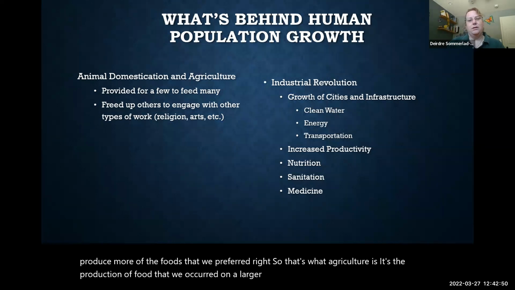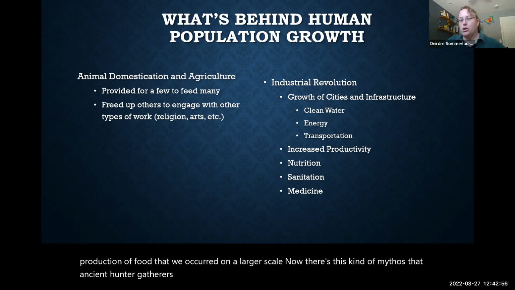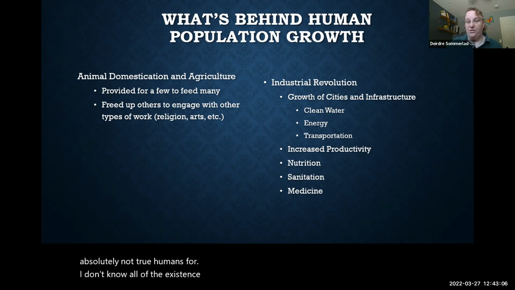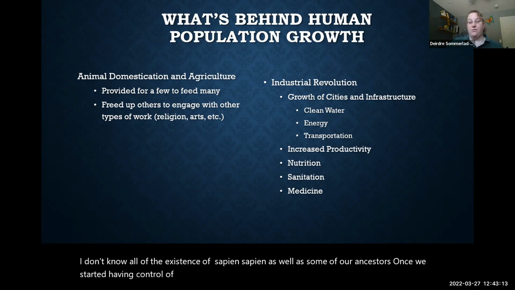Now, there's this kind of mythos that ancient hunter-gatherers were just these passive creatures hoping that nature provided, but that is absolutely not true. Humans, for all of the existence of Homo sapiens sapiens, as well as some of our ancestors, once we started having control of fire, we were able to start manipulating our ecosystems in a very concerted way.